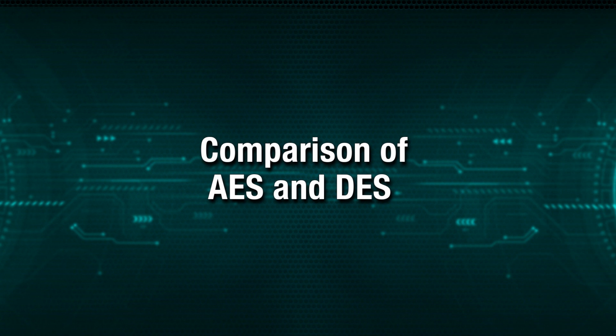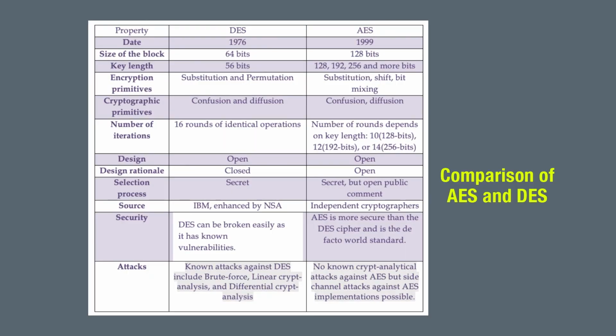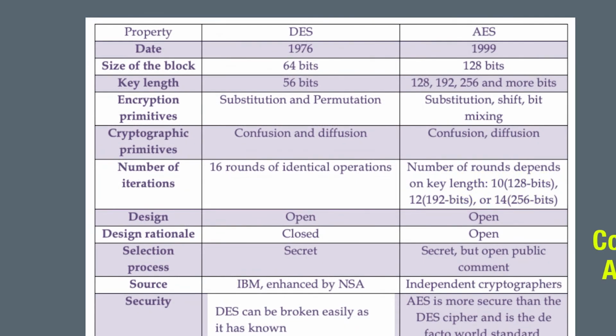Now, let us have a comparison of AES and DES. A comparison of AES and DES can be carried out with the following table. In this table, we will consider the properties of AES and the corresponding properties in DES. When the date of creation is considered, DES was created in 1976 and AES in 1999.